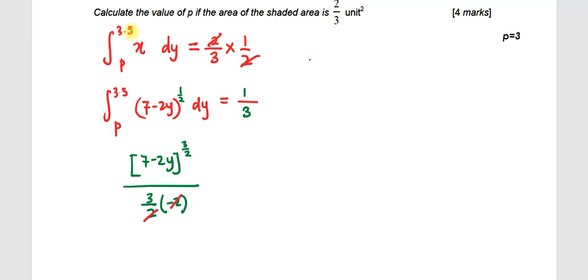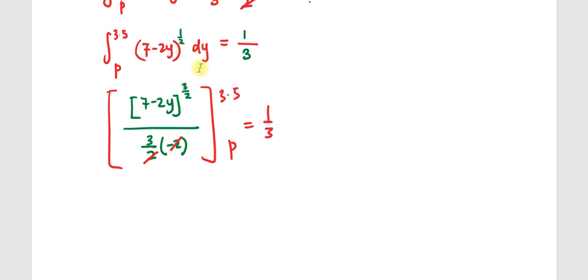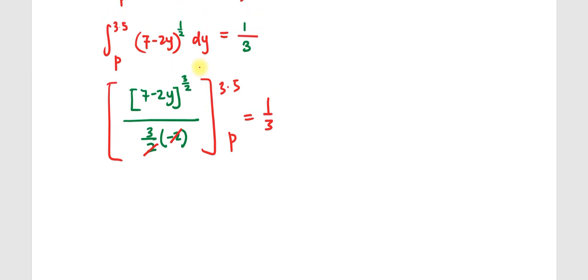Okay, this one and this one you can cut. The negative kita naik atas lah. And then don't forget, I belum ganti lagi dengan 3.5 and p. And jawapan dia 1/3. Okay, jadi kita make it less messy lah. Maybe I take out the 3 and this negative.